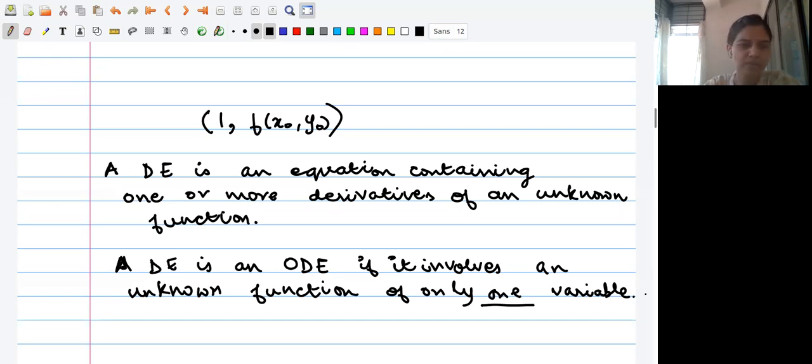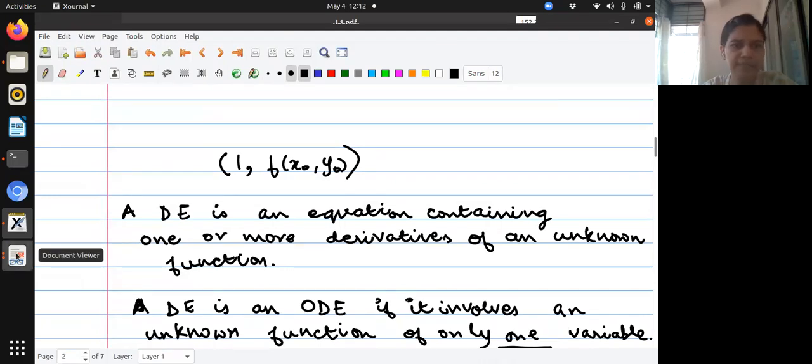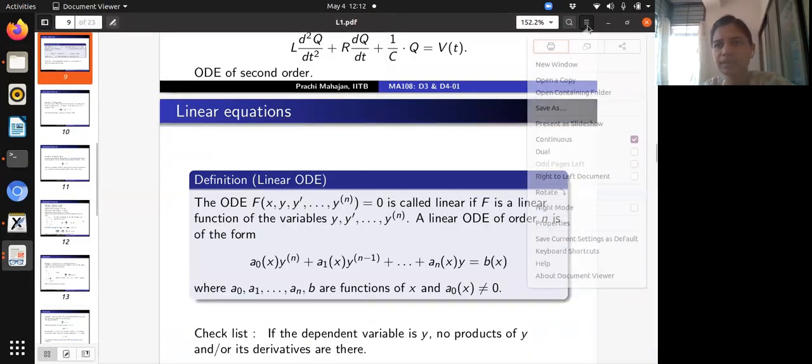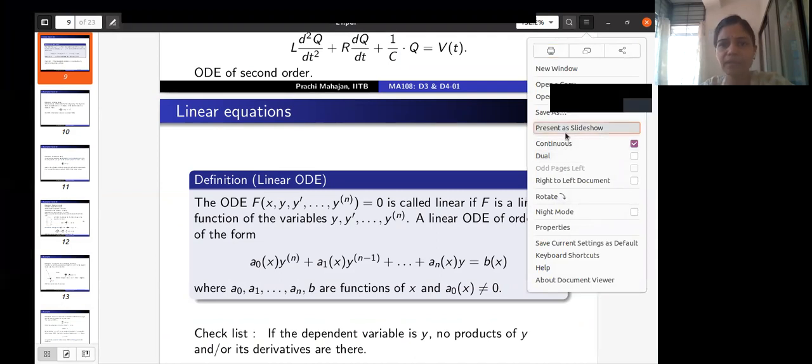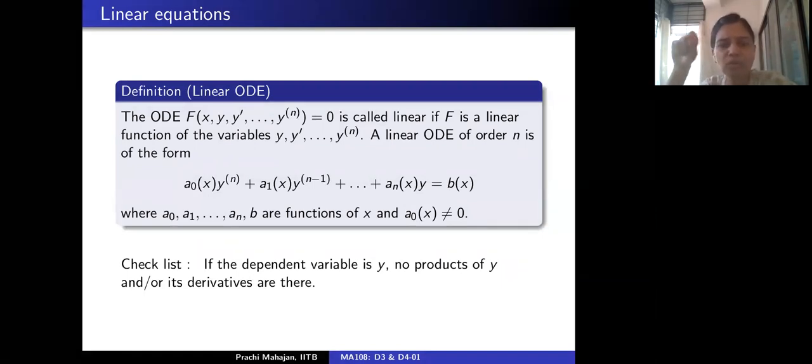Now let's go back to Srijesh's question on what is a linear ordinary differential equation. An ordinary differential equation is said to be linear if you write it as a relation F equal to 0, and F is a linear function of the unknown variable y.